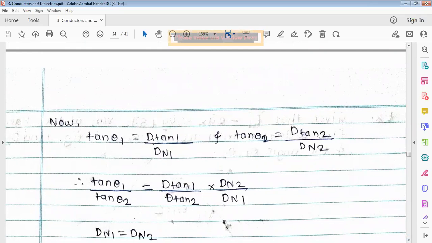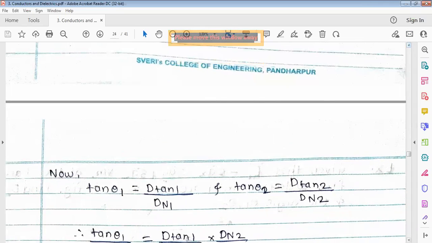Therefore tan theta 1 is equal to d tan 1 divided by dn1, and tan theta 2 is d tan 2 divided by dn2.